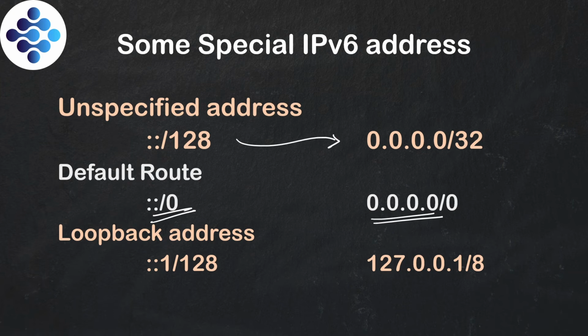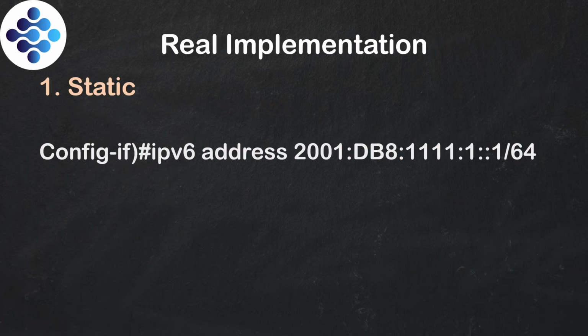Loopback address, which is used for checking our own interface. In IPv4 it was 127.0.0.1/8. While over here the loopback address is ::1/128. Worth remembering.